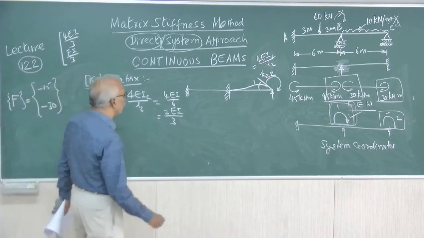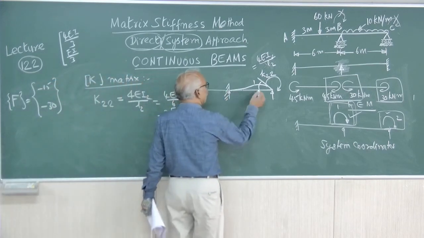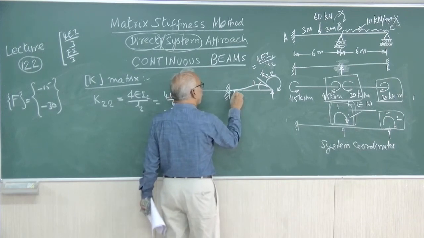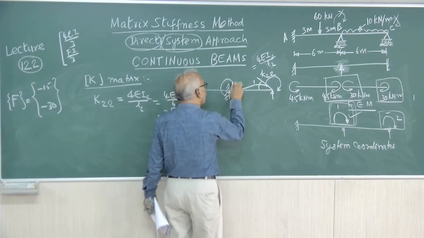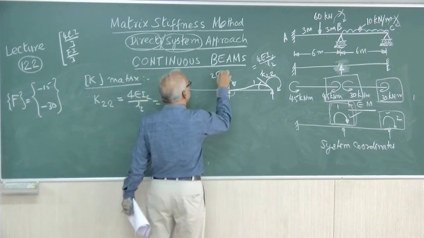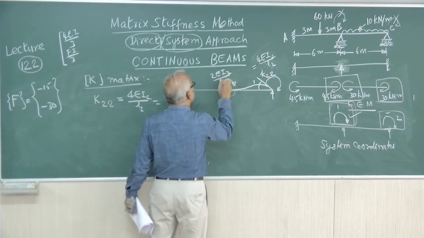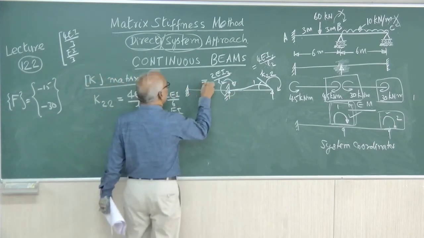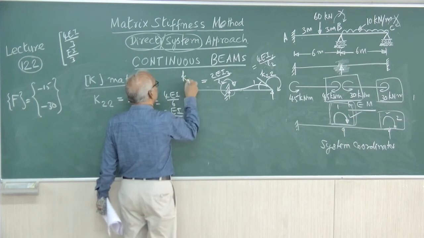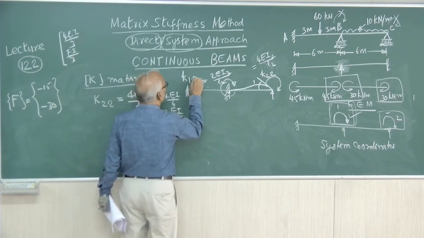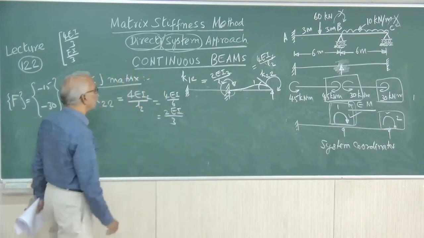Right. Now here it is fixed. When we apply a moment here, there will be a carryover moment of the same sign to the opposite end of the same member. This value is half the value and of the same sign, 2EI2 by L2. So this value will be the force developed along coordinate 1 due to unit displacement along coordinate 2, K12.